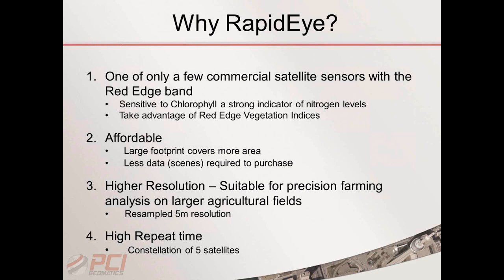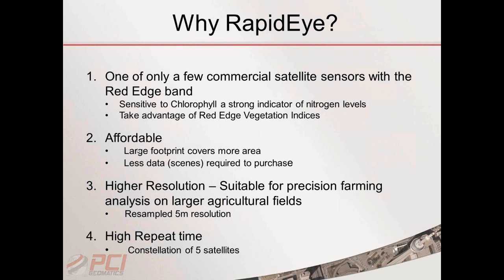Now, we can take advantage of the red edge vegetation indices by using the RapidEye data, which RapidEye, as mentioned, is really only one of, I think, 2 sensors that I'm aware of, commercial sensors that have the red edge band. Now, some of these indices we're going to use are more developed towards hyperspectral, so more narrow bands, but they've been successfully applied and tested in certain scenarios with a more broadband sensor such as RapidEye.